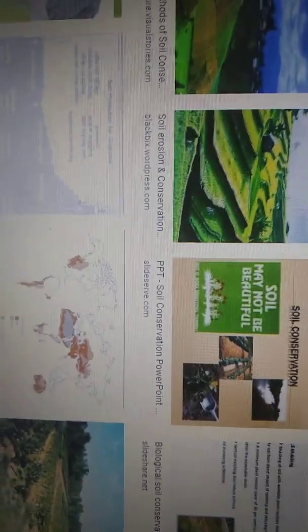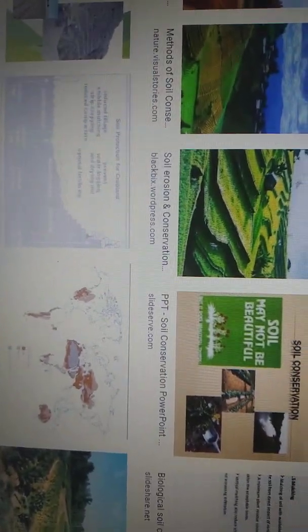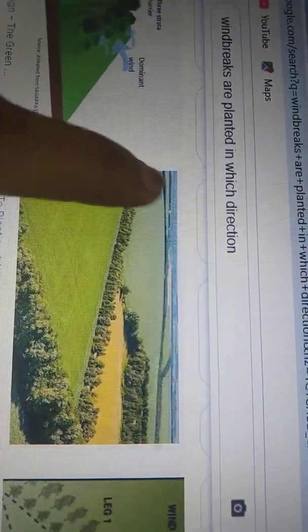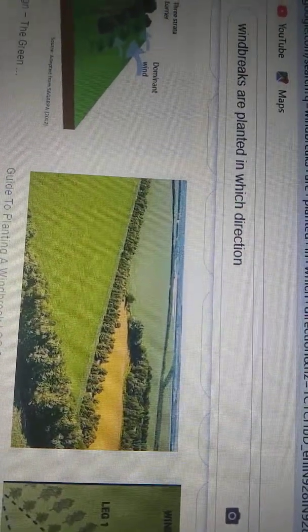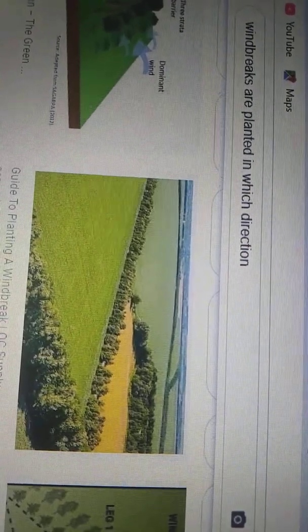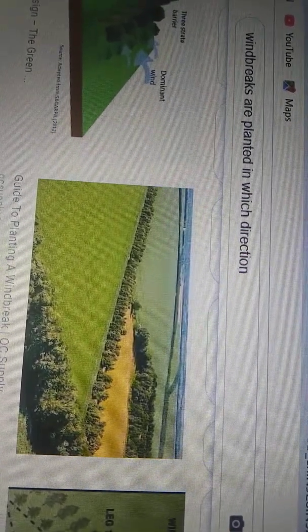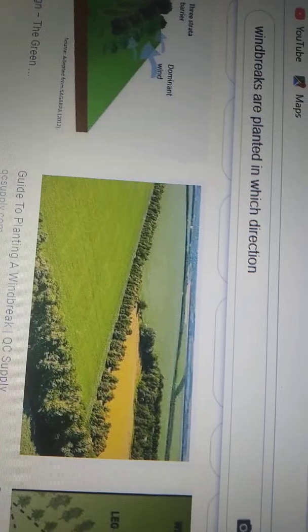Next one is windbreaks. Have you seen windbreaks? It is like fencing. Are you seeing? These are the windbreaks. Like fencing, they plant big trees, so these are barriers formed by trees and other plants. Farmers plant these barriers around their fields. This prevents the soil from being blown away.